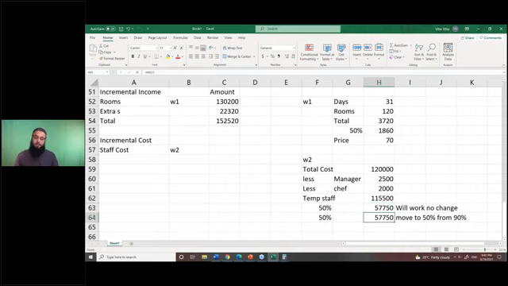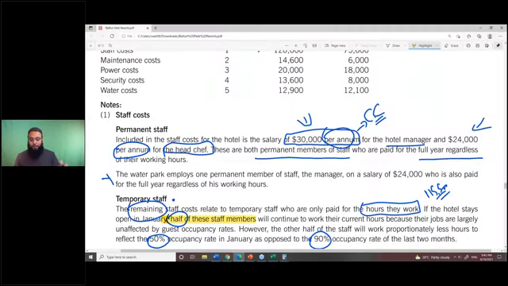But the other 50% now will change, which means this 50% is basically working at the current capacity of 90%, which you now need to bring back to 50% occupancy. So I've split the cost into two parts. The first part remains the same. The second part now needs to be shifted to 50% occupancy from 90% occupancy. So it was on 90% occupancy, and you have to bring this to 50% occupancy.